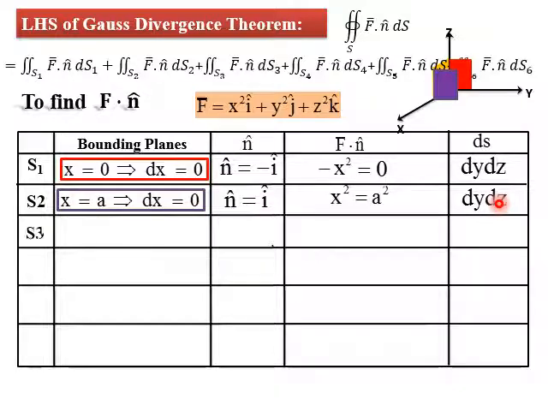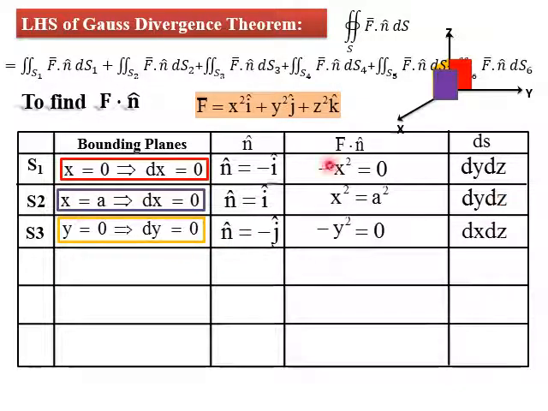Take the third face S3, which is y equal to 0. On the y equal to 0 plane, dy is 0. Outward normal n cap is along the negative y direction, so the outward normal is minus j cap. So f bar dot minus j cap is minus y square. On the surface S3, y is 0. Therefore f dot n cap is 0. Elementary surface dS3 is dx dz.